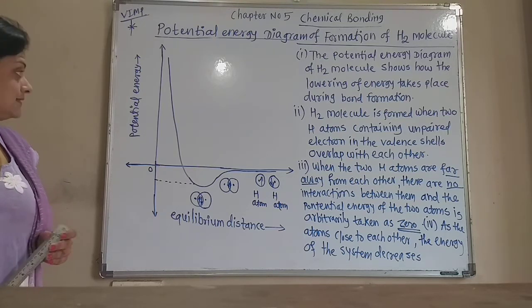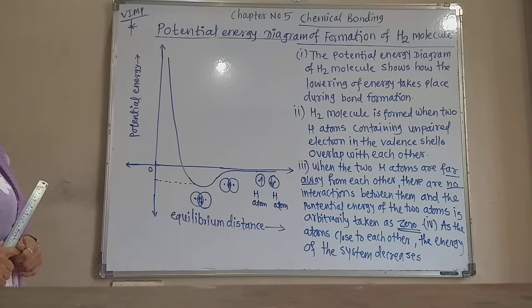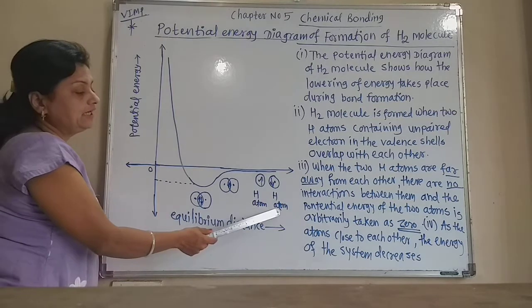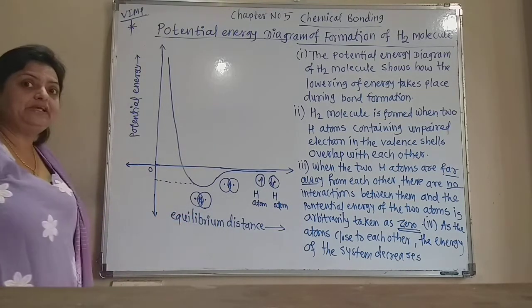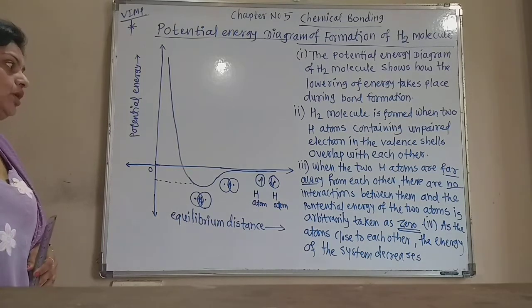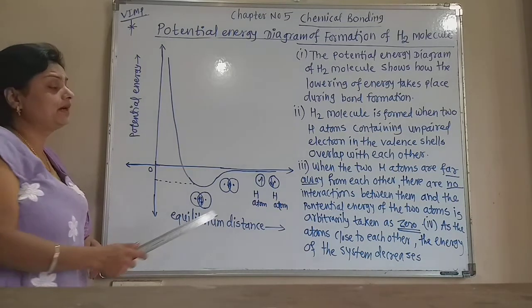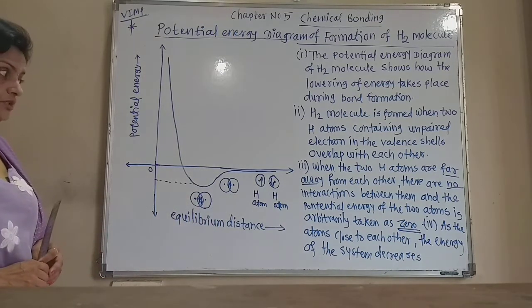Now, let us see this potential energy diagram for the hydrogen molecule. The two hydrogen atoms are here, both having an oppositely spinning electron in their valence shell.